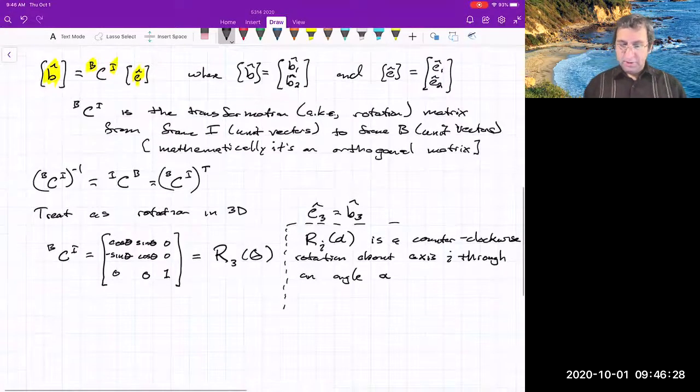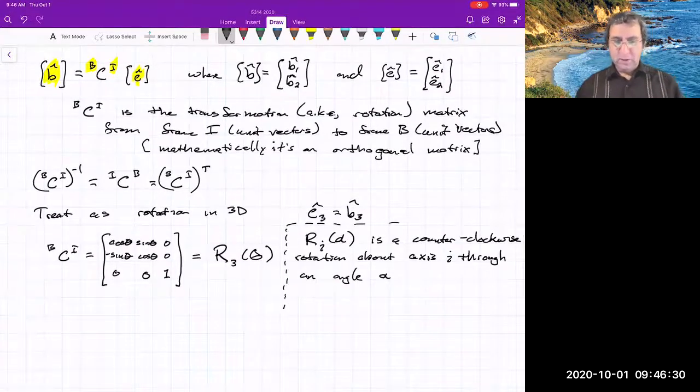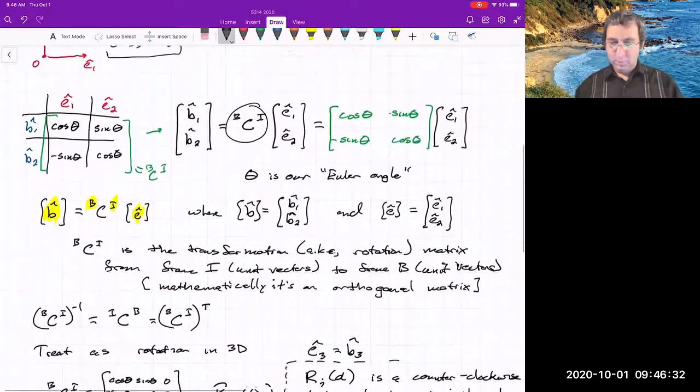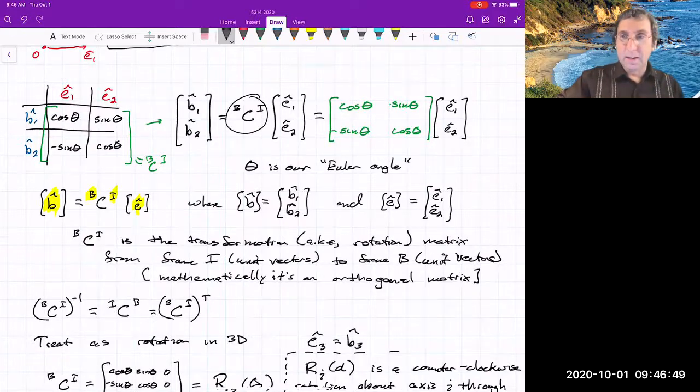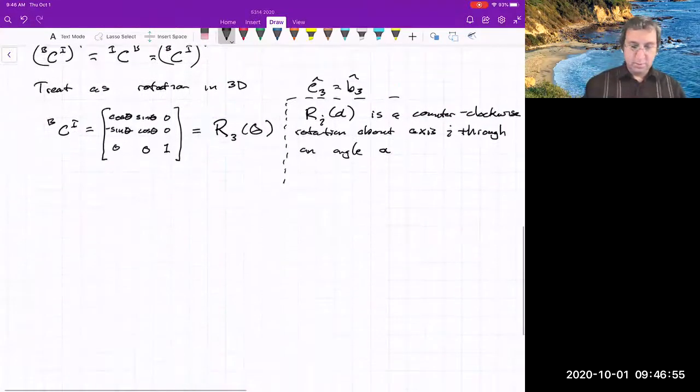All right, so one key thing is we're talking about how the basis vectors are related to each other. The way basis vectors are related to each other is different than if I had a vector as seen in one frame, what does it look like in another frame? So let me say more about what I mean by that.